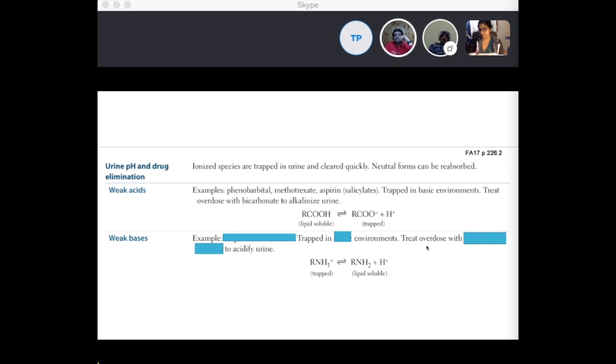Yeah, so we have TCAs and amphetamines as our First Aid examples of weak bases. So if they're weak bases, they're trapped in acidic environments. So what can you use to treat an overdose with these and acidify the urine?